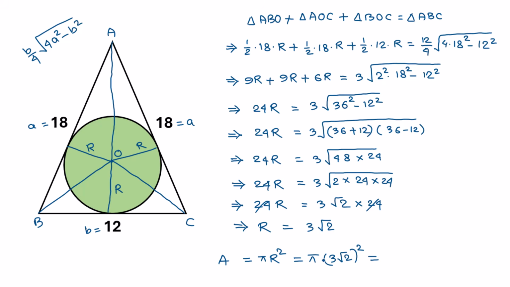So this will be pi times 3 square, which is 9, times the square root of 2 whole square, where the square and square root cancel and it will be 2. So 9 times 2 is 18 pi. So this is the area of this circle.